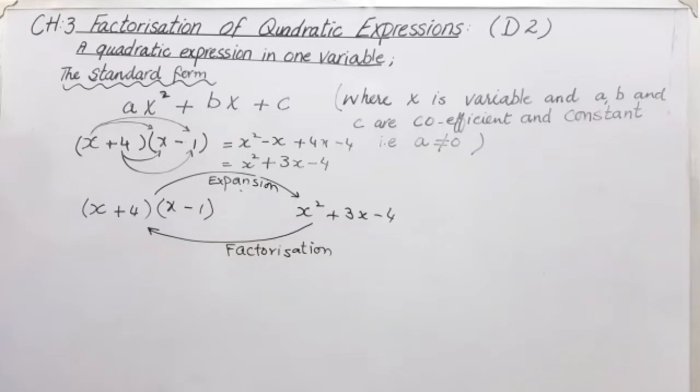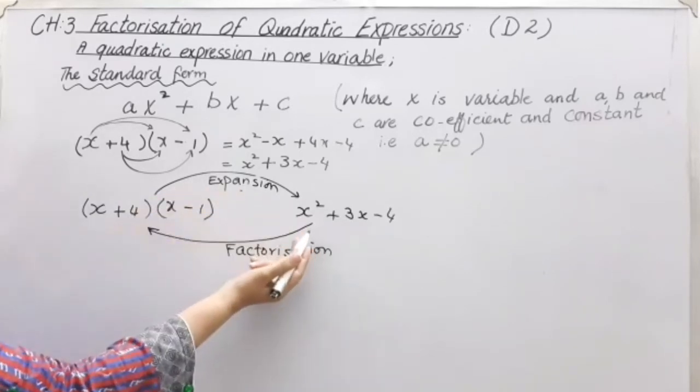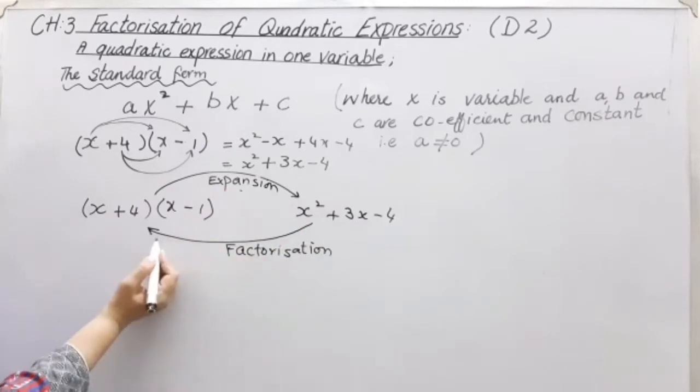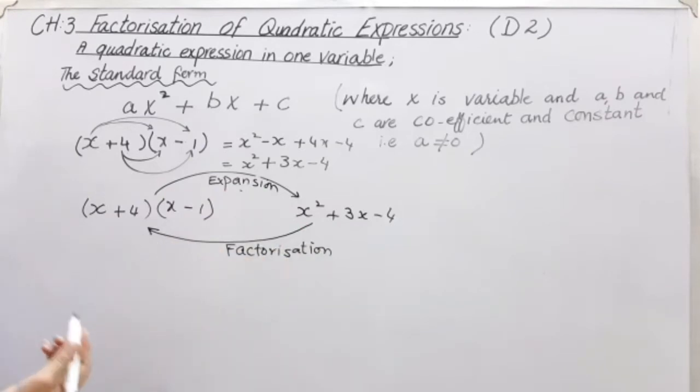Expansion is a very easy way, but factorization is a little bit tricky, but not difficult. You just make the factors, choose the correct factors from them, and then do the questions.